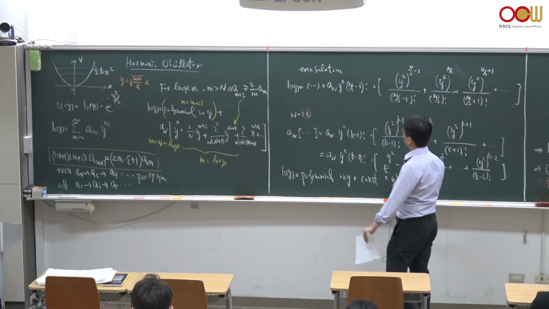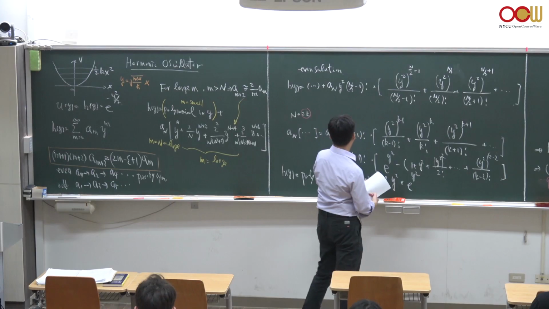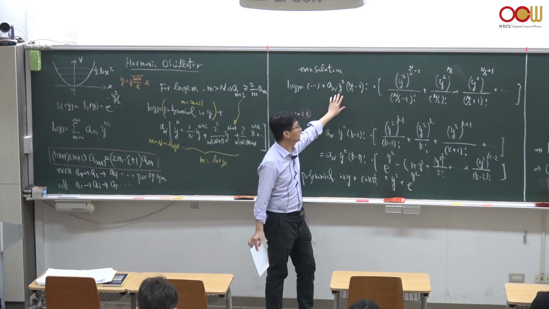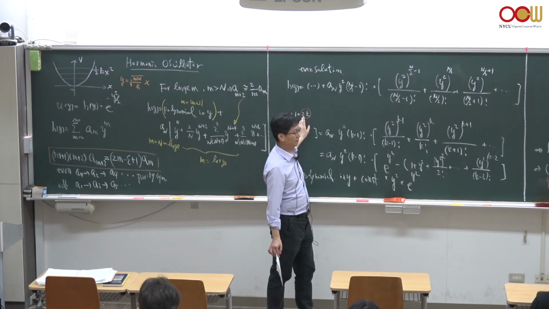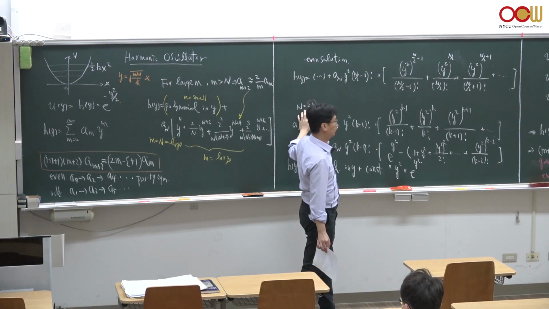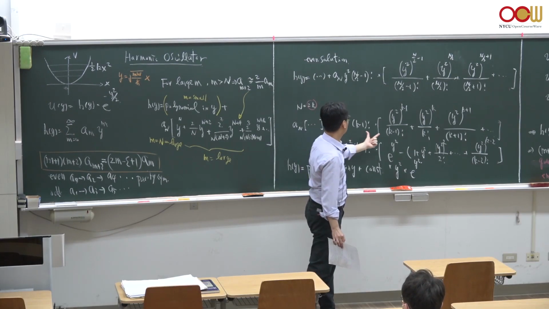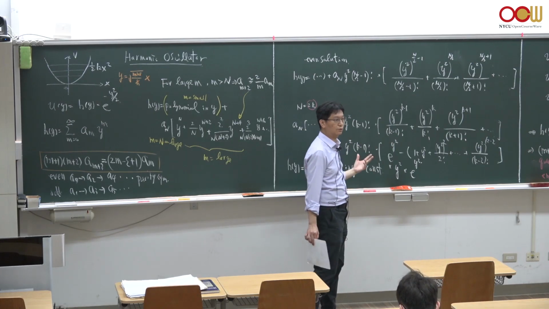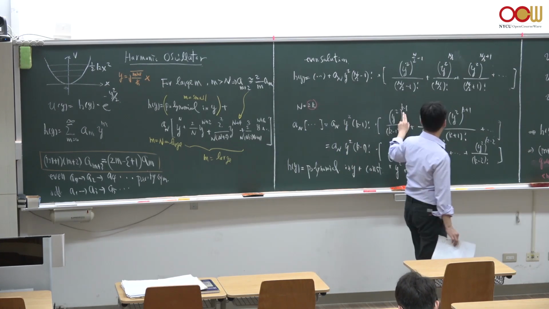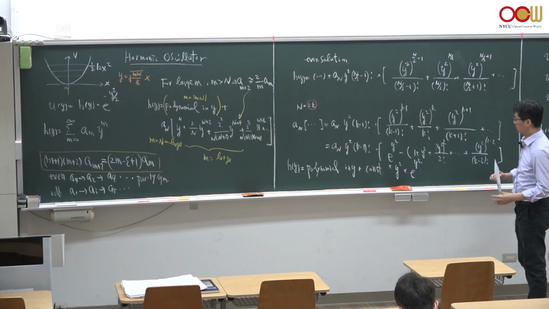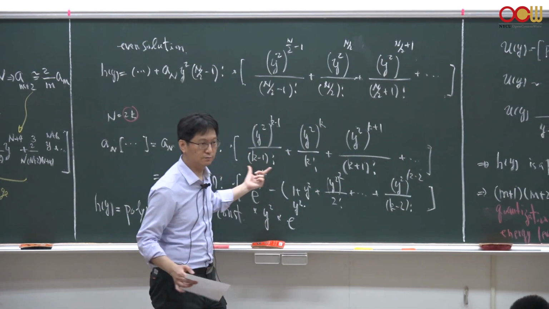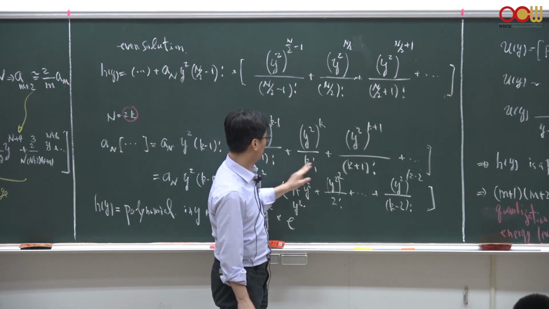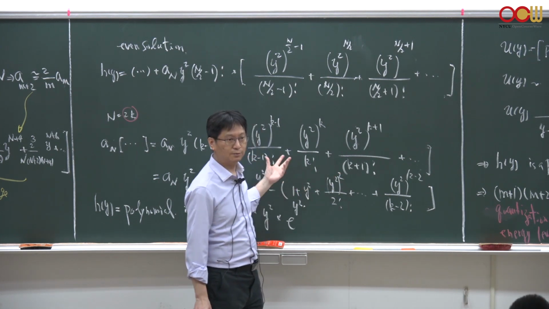In such a case, you can further simplify, and you get a polynomial in y to the power of a function of k in the exponents, and you just look at the patterns or regularities between the neighboring terms.